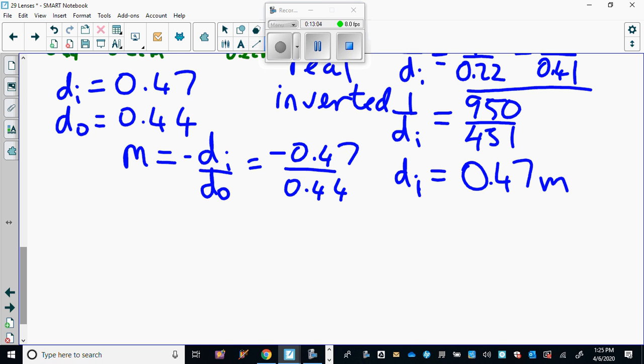Sorry, I made a mistake here, and there's no way I'm redoing this whole video for that little mistake. It's 41. Divide those, and you get 0.47 divided by 0.41 equals 1.14. Negative, and the negative just indicates that it's upside down. Negative 1.14, which means it's larger, slightly larger, and upside down, or inverted.